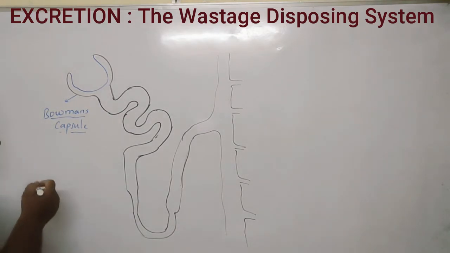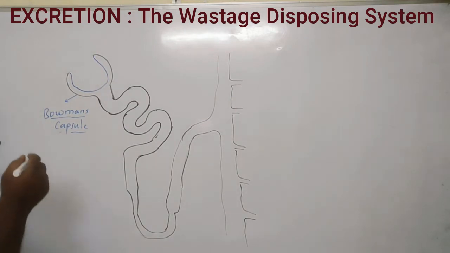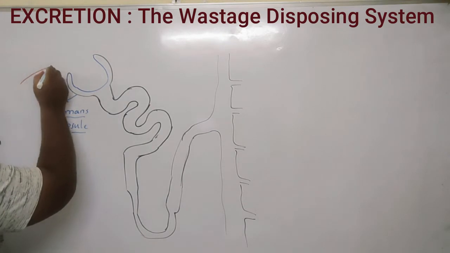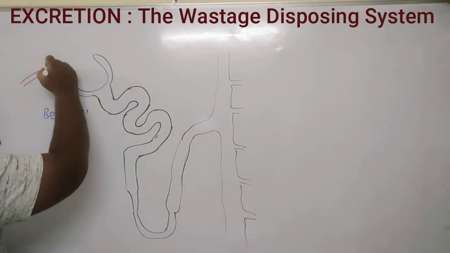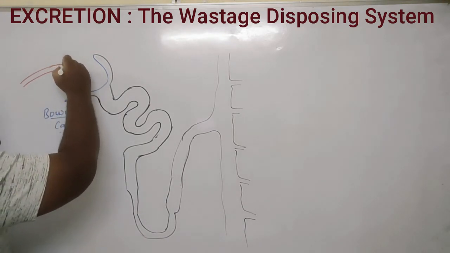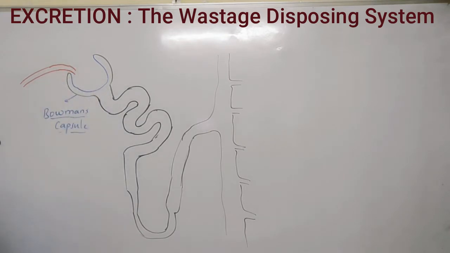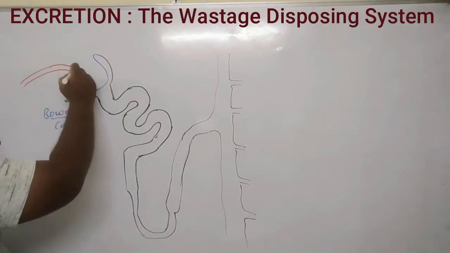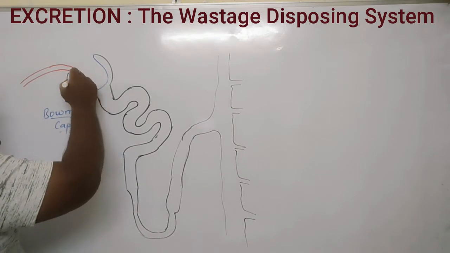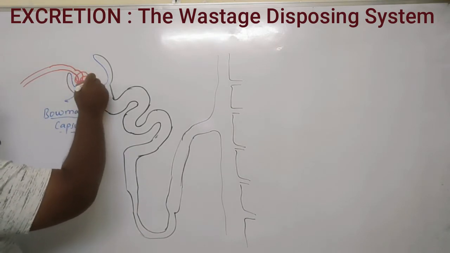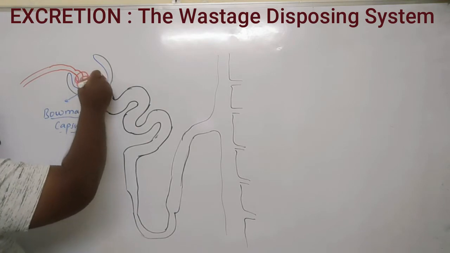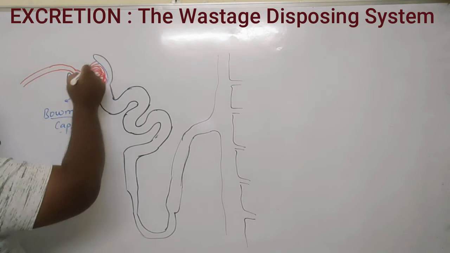Now the renal artery, we have already seen the renal artery. The renal artery enters into the Bowman's capsule, I mean, very fine thread-like structures enter into the Bowman's capsule, and here it forms a capillary network, like this, and goes out.